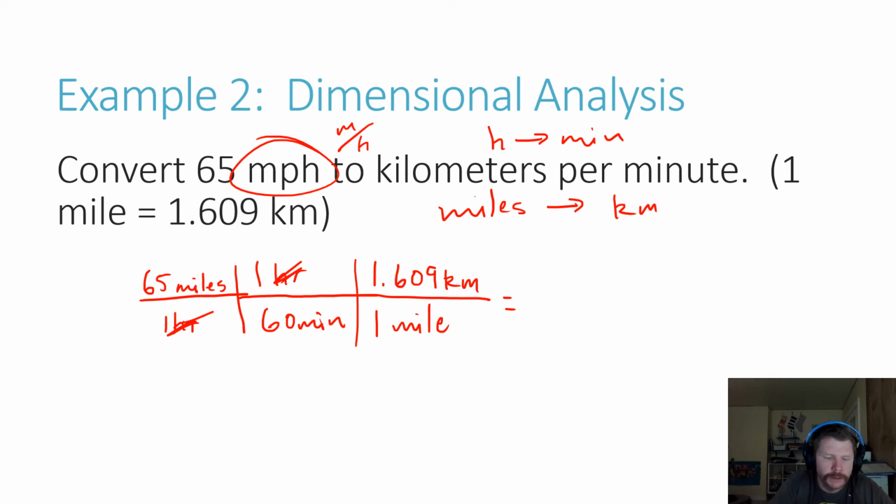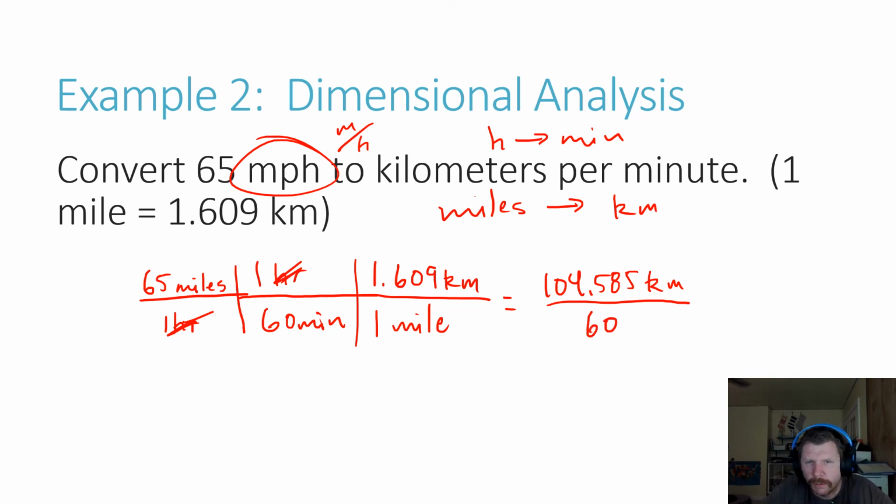Okay, so I'm going to type in 65 times 1.609, and I'm going to write out 104.585 km. Okay, divided by, well, that's going to be 60.